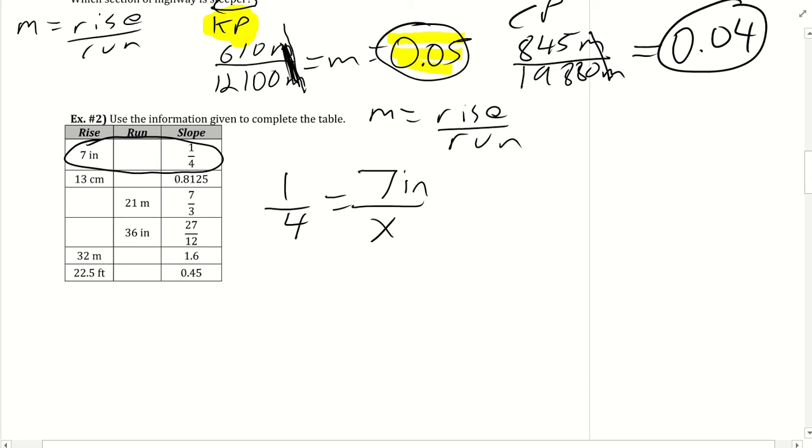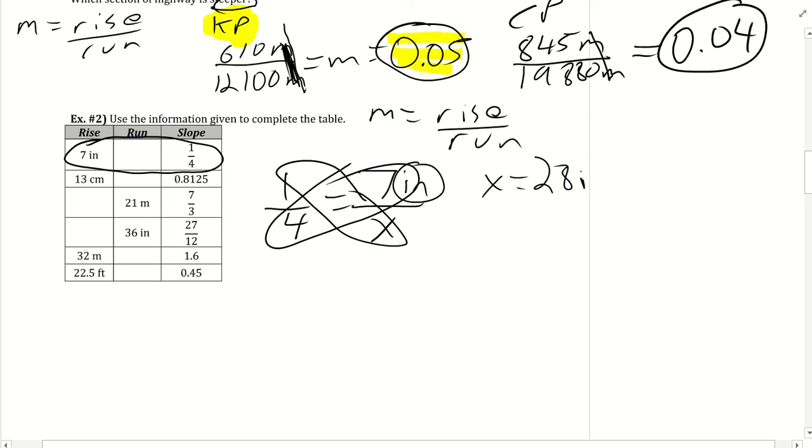Like we talked about before, that's where the cross multiplying comes into play. We've got x times 1 equaling x, and 4 times 7 gives you 28. Here we have inches, so you can't forget to put the inches in there. So this would be 28 inches. Hopefully that makes sense.